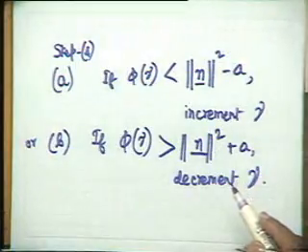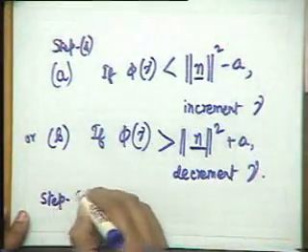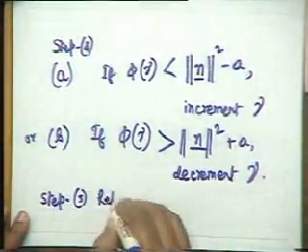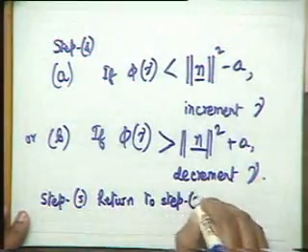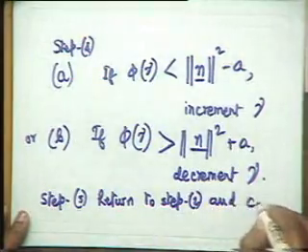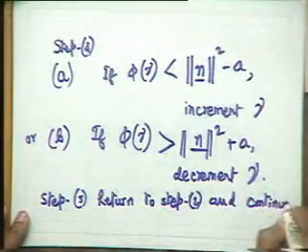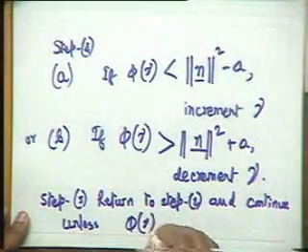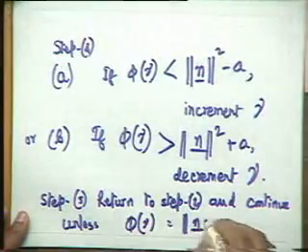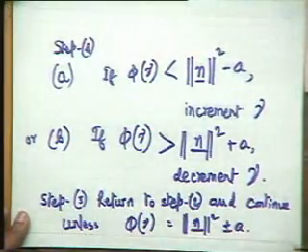And when does the loop stop? When phi gamma lies within the limits n square plus or minus a. Alright. So step 5 we can say: return to step 2 and continue unless phi of gamma is equal to n square plus or minus a.